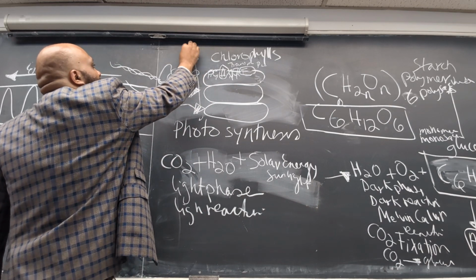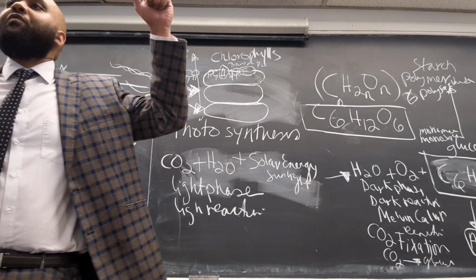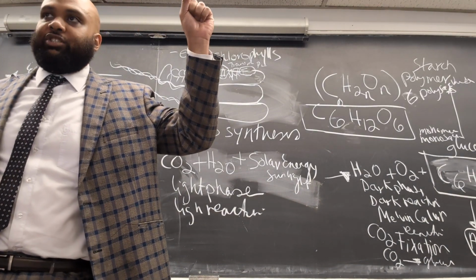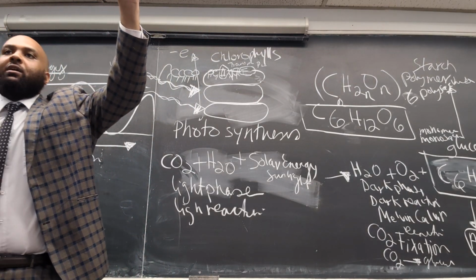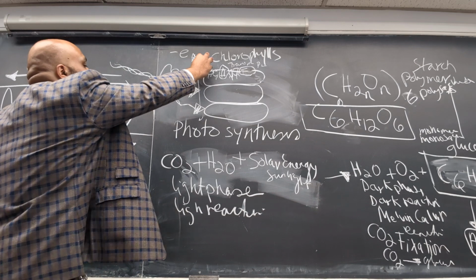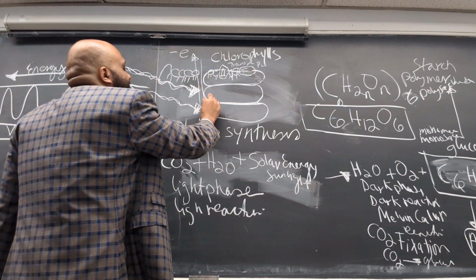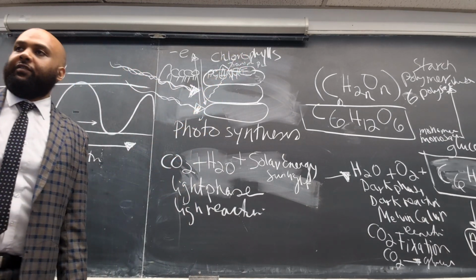They're going to move up in their valence shells. After they reach the highest level, they're going to fall back down. When they fall back down, they're going to emit a color that's different.